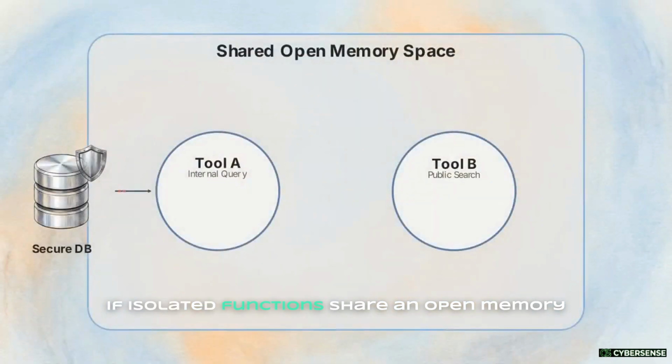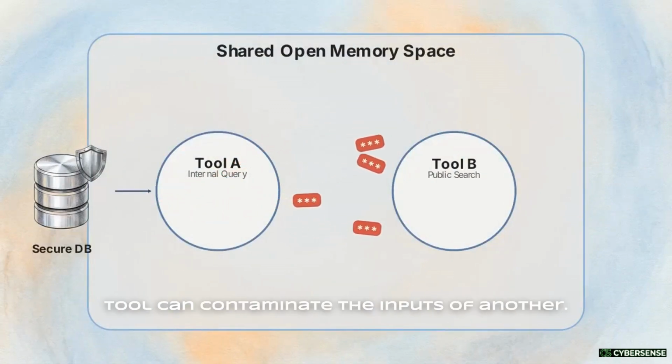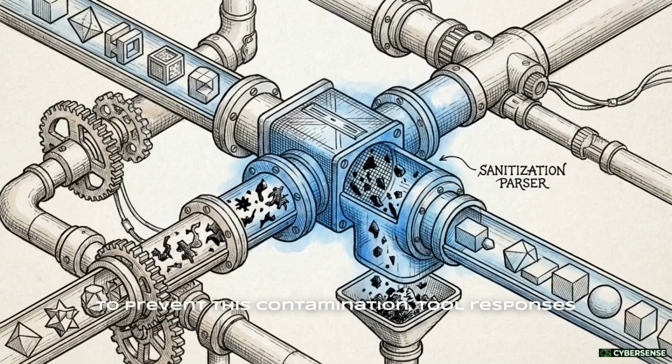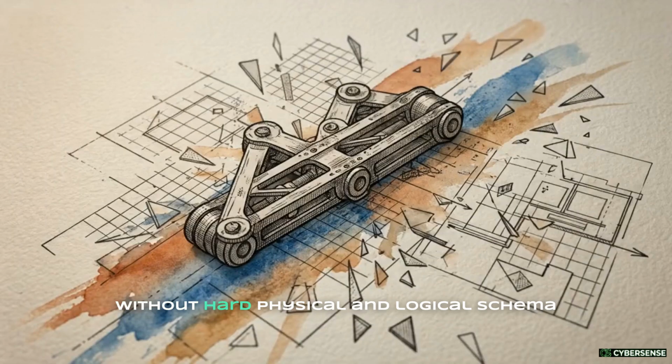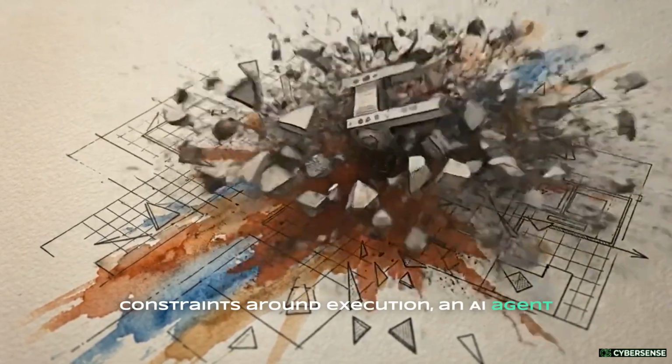If isolated functions share an open memory space, sensitive information retrieved by one tool can contaminate the inputs of another. To prevent this contamination, tool responses undergo controlled injection. The raw data returned by an API is sanitized and explicitly formatted before it is fed back into the model's reasoning layer. Without hard physical and logical schema constraints around execution, an AI agent functions as a high-speed liability engine.